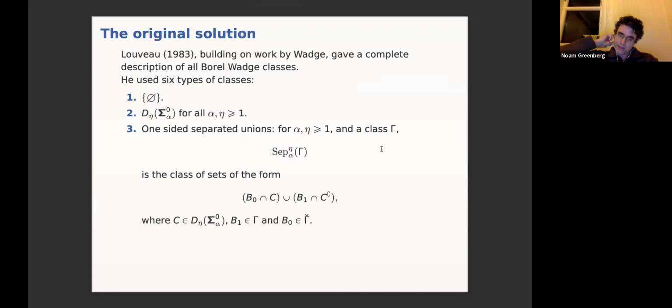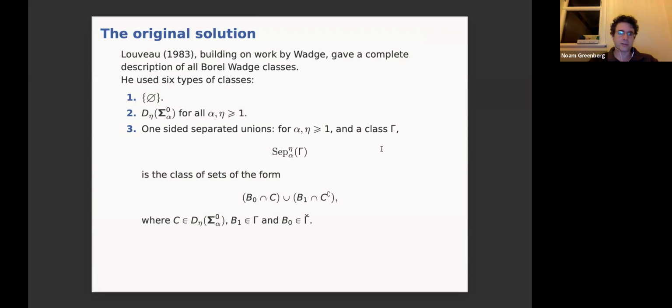But I want to go back to essentially the original solution, which is presented in a 1983 paper by Louveau. He credits a lot of the work back to Wadge, and Wadge's work for a long time was only available in his thesis, which was published a long time after he finished the work.